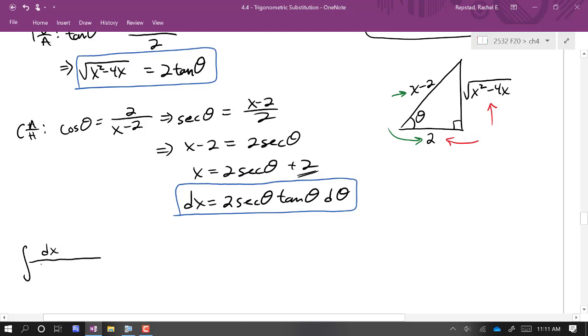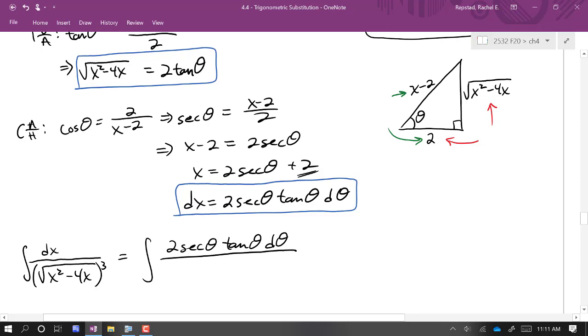So here it is again written as an algebraic function. And again, I'm just using the shortened version of the radical. We know that this is, let's see, substituting for dx, we get 2 secant theta tan theta d theta all over the square root, which is 2 tan theta, and we're cubing that.